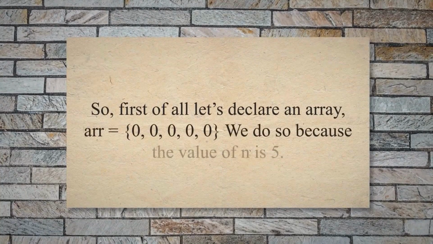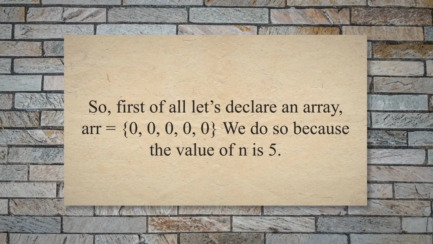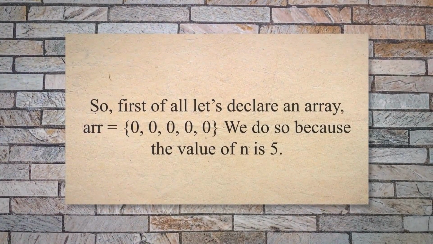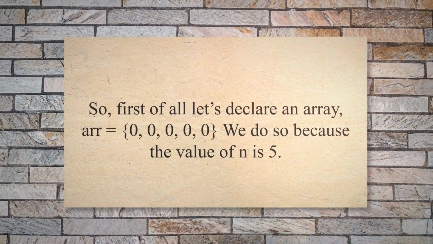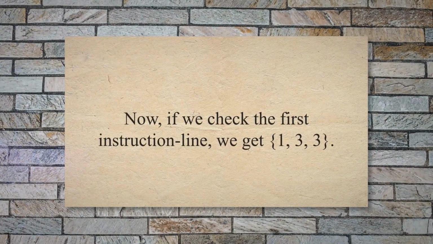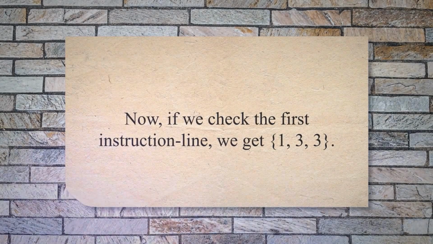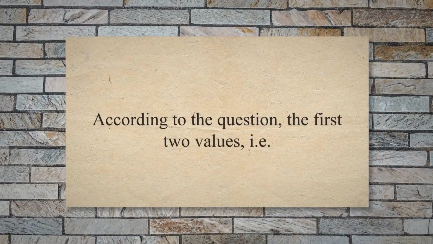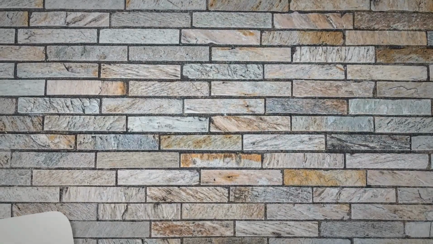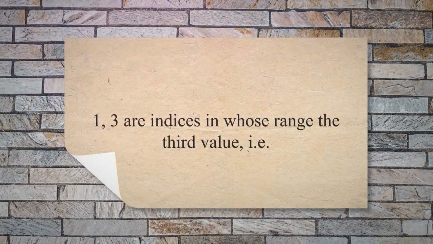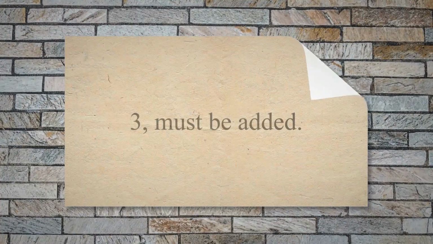So, first of all let's declare an array, R equals 0, 0, 0, 0, 0. We do so because the value of n is 5. Now, if we check the first instruction line, we get 1, 3, 3. According to the question, the first 2 values, i.e. 1, 3 are indices in whose range the third value, i.e. 3, must be added.